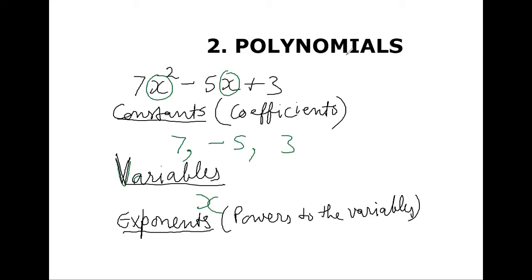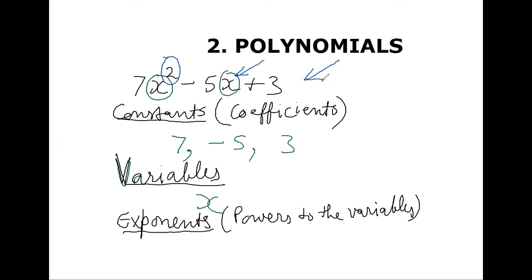See here. Here the power of x is 2. Now what is the power of x here? Come on, tell me. So 2? No, it is 1. Here it is 1. What is the power of x here?